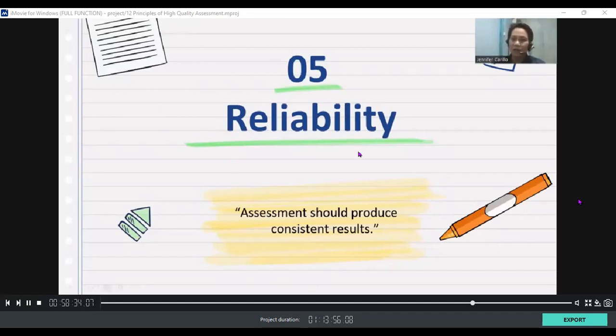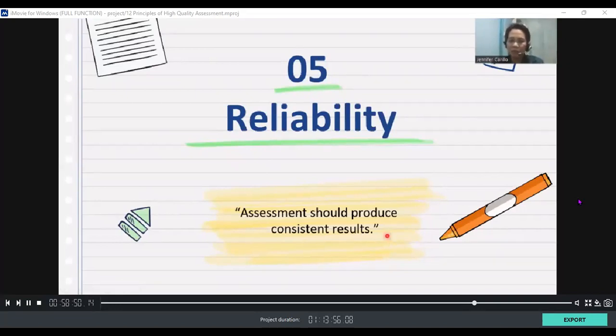That means reliable. Same thing with the test. The test should be reliable. It should give consistent results.